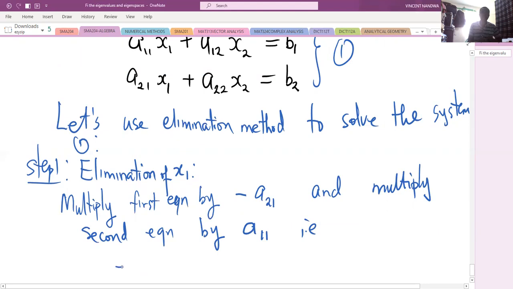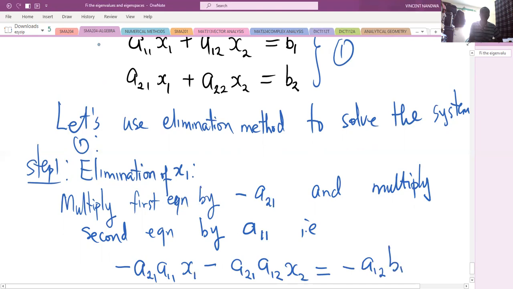So I'll have negative a21 a11 x1 minus a21 a12 x2 equals negative a21 b1.